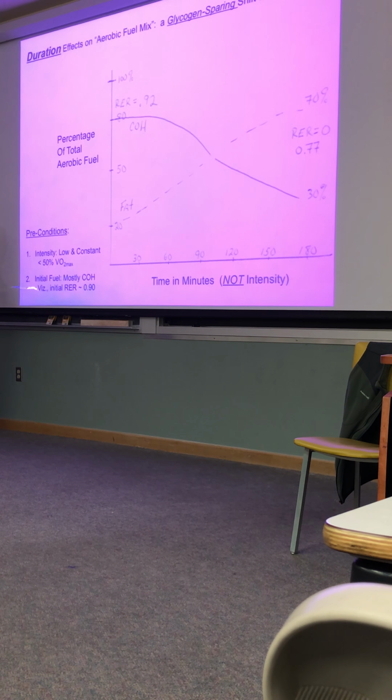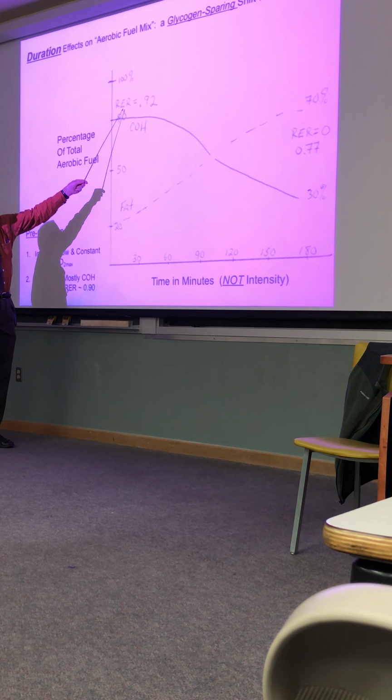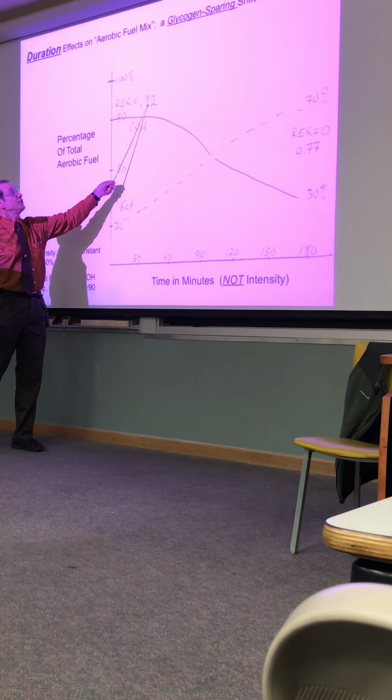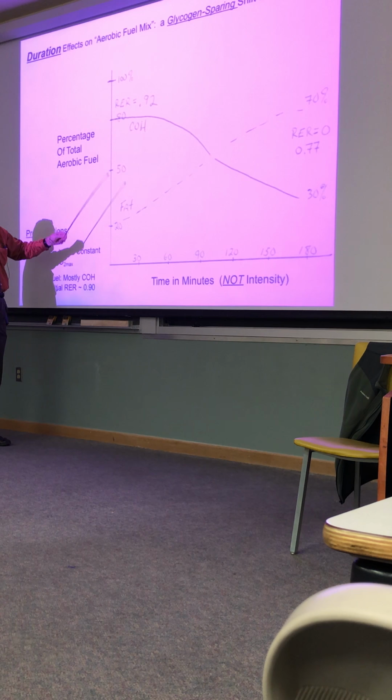I don't know where I got the energy to make pancakes, but it's wonderful. If you have had a mixed meal, and so you start the exercise, the way this is drawn out, something like 80% carbohydrate. The RER here is 0.92. When you solve your math, that tells you it's about 80% carbohydrate and about 20% fat.